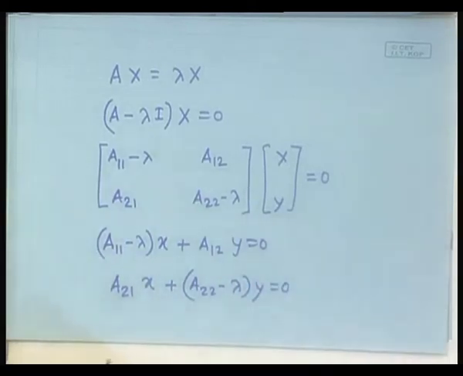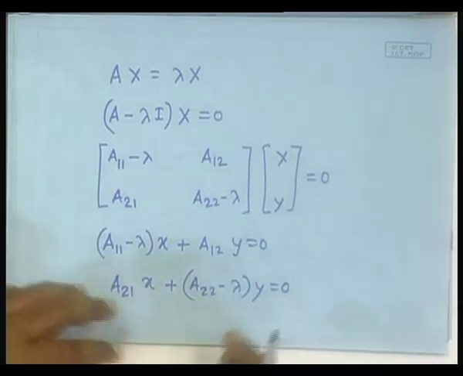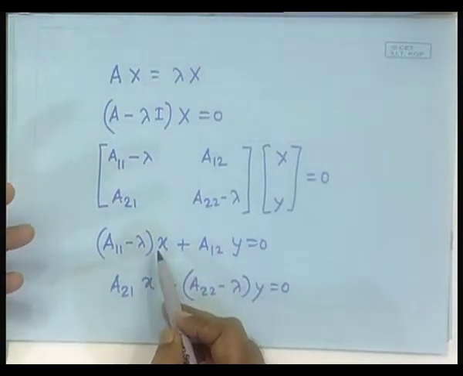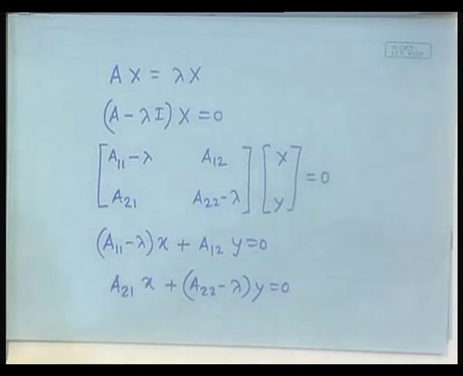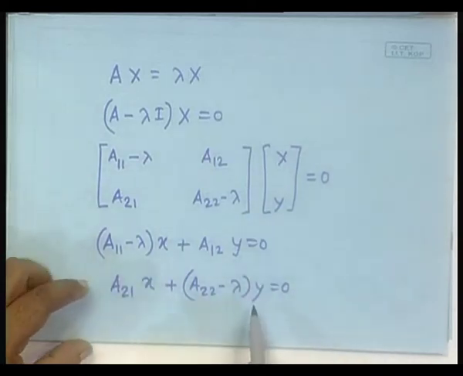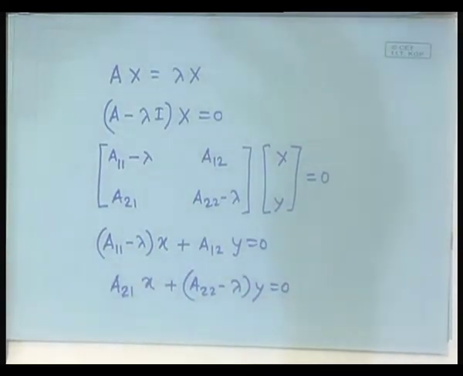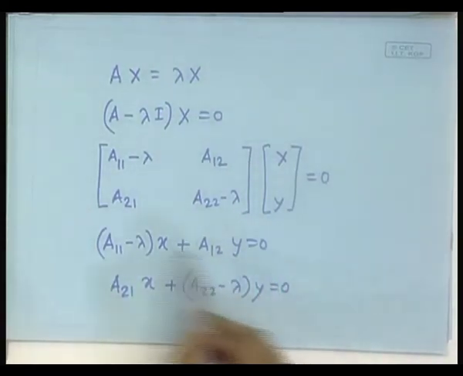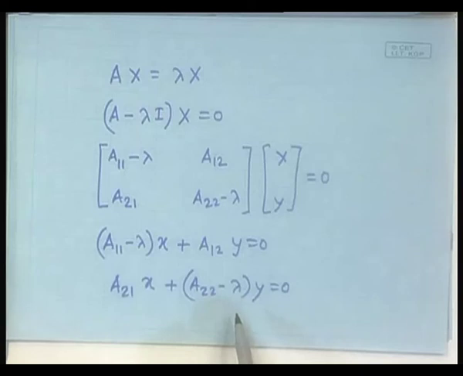There is a crux. There are two equations, and you might say okay, now let's solve it. No, you cannot solve it, because these two equations, to your great surprise, will always turn out to be identical.